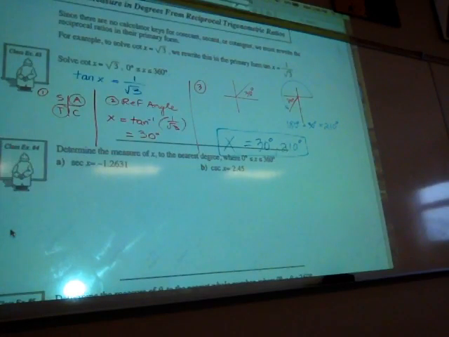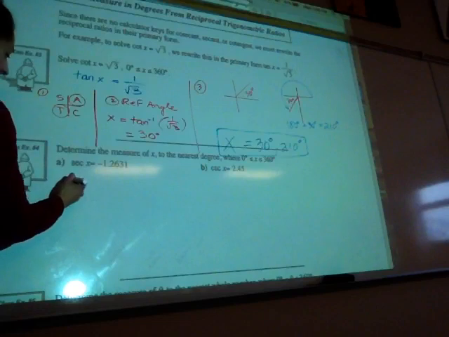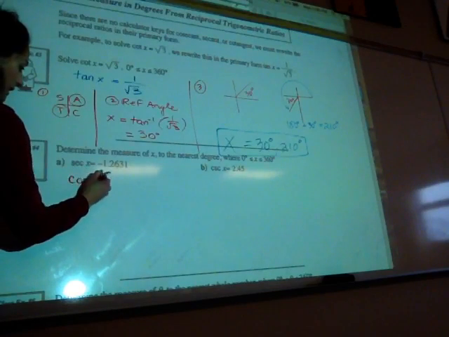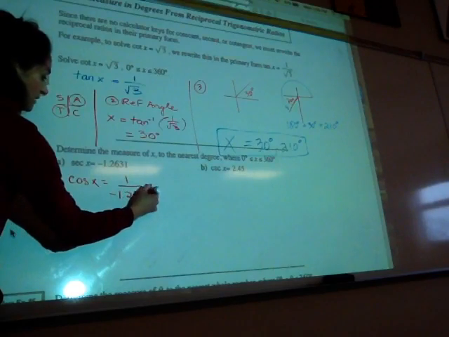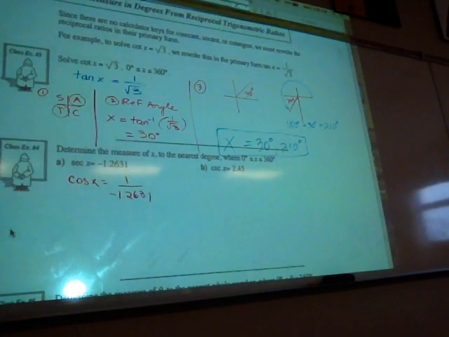Secant. What's the reciprocal or the primary trig function for secant? Cosine. Very good. So we would rewrite this as cosine x equals 1 over negative 1.2631. Now that we've rewritten it, we can figure out where our solutions will exist.